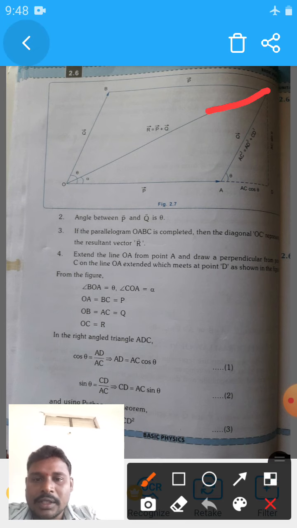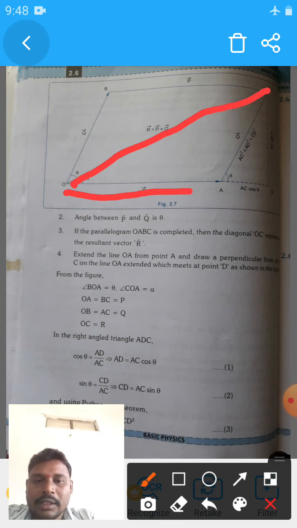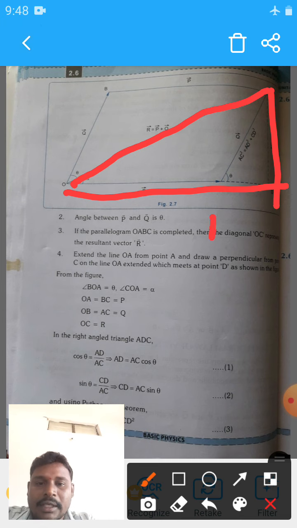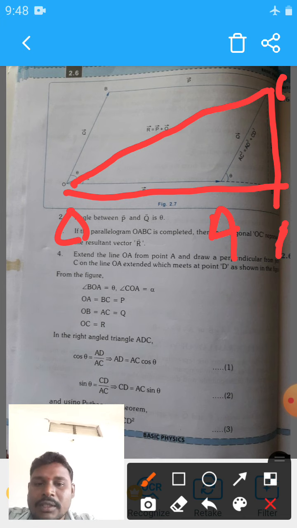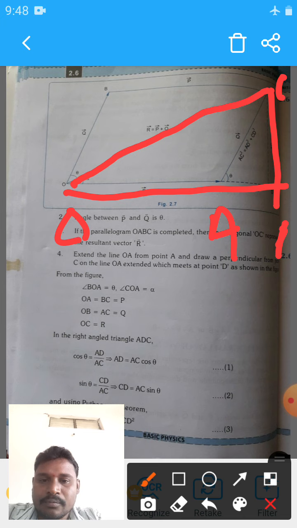So in triangle COD, here OD is equal to OA plus AD.